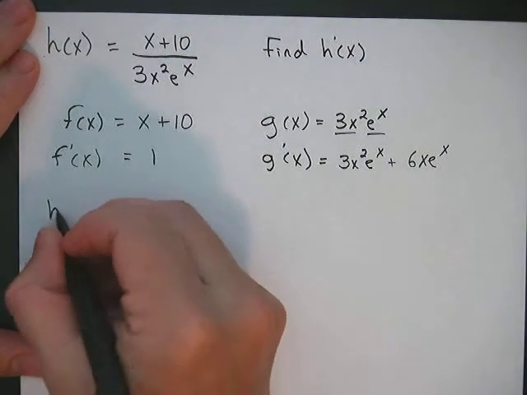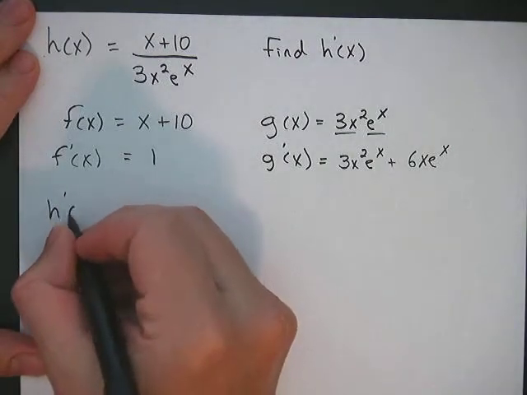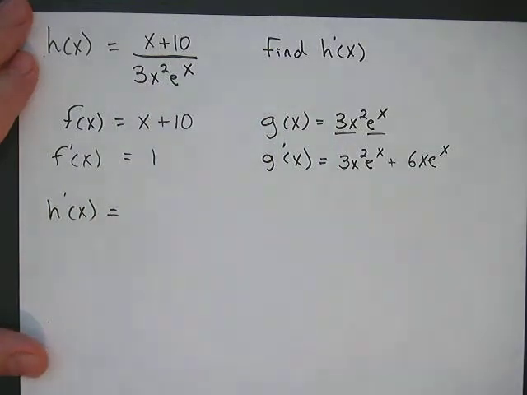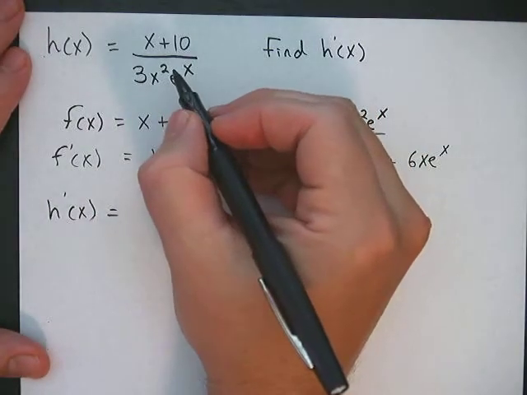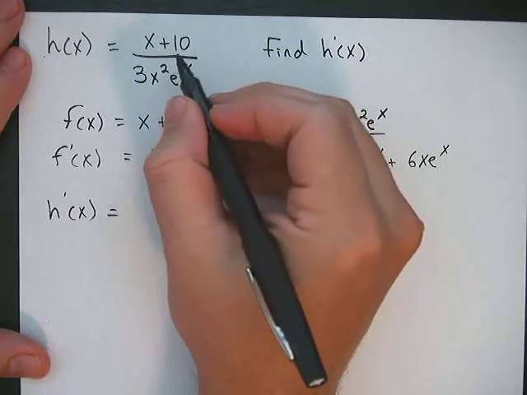Okay, so to find h prime of x, we're going to take the bottom times the derivative of the top.